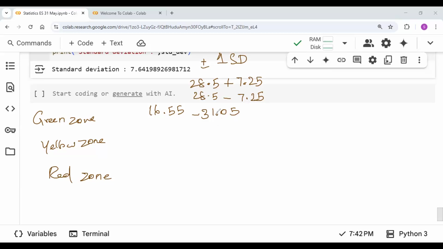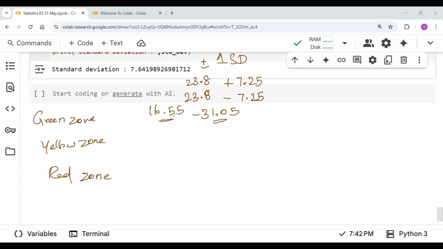Actually, it's 23.8, sorry, I gave the wrong value. 23.8 plus 7.25 is 31.05. And when you're subtracting 7.25, you're getting the other value.